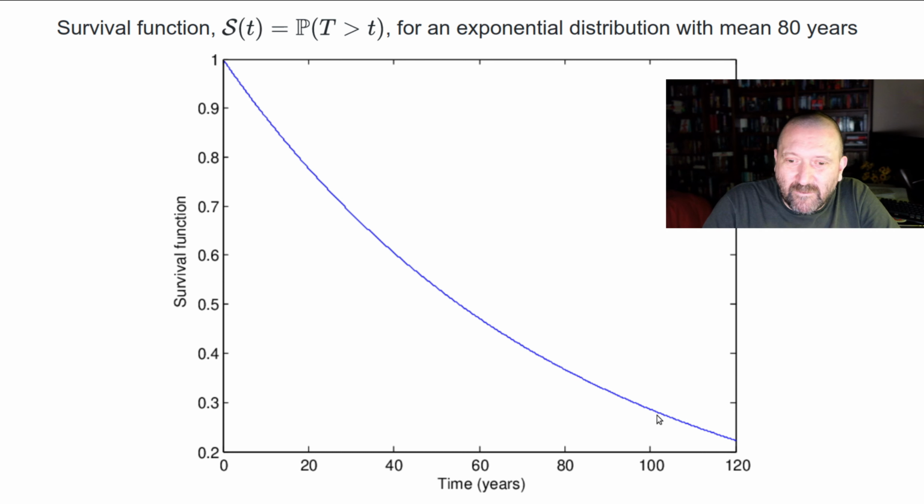And the other end of the spectrum is also important, because here, this is 20% of the population, and I have close to 25% of the population still alive at 120 years. So it really depends what you're using your model for.